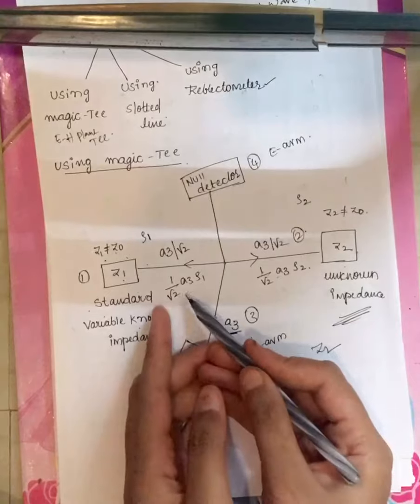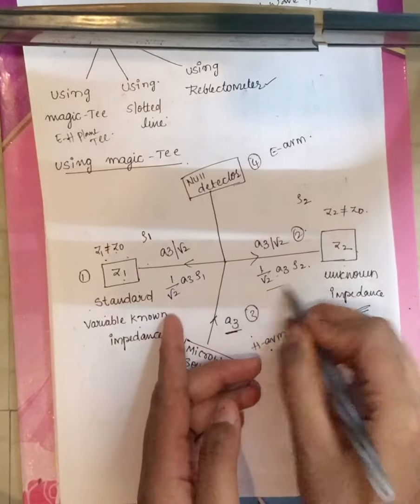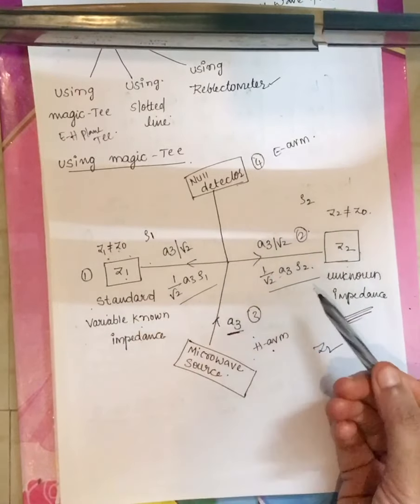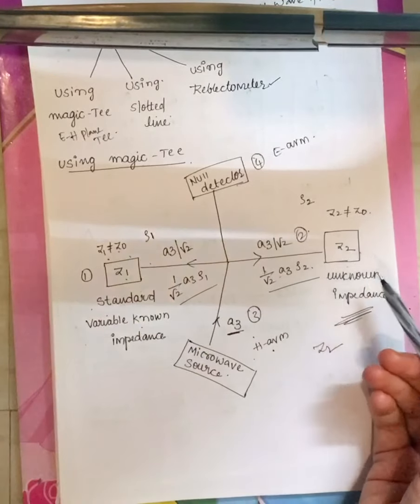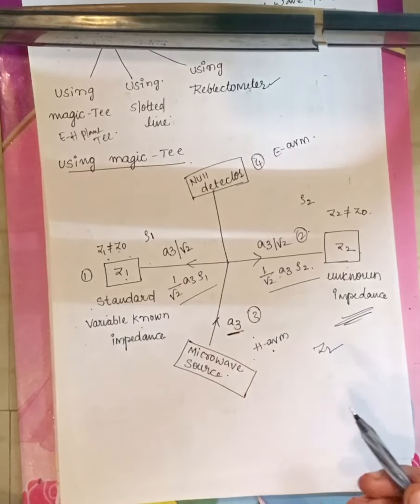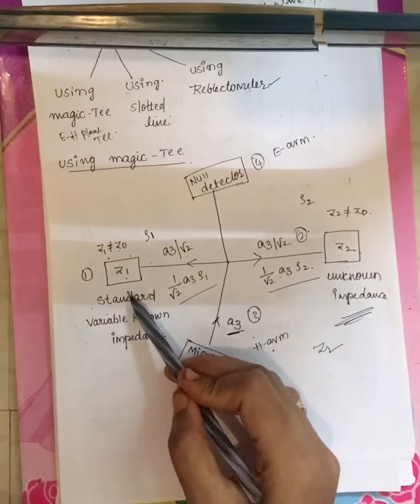Now you have the input power at port 1 and port 2 as this one, right? Now if I give input power from port 1 and port 2, where will you get the output? If you see this, these impedances are not equal to the characteristic impedance.